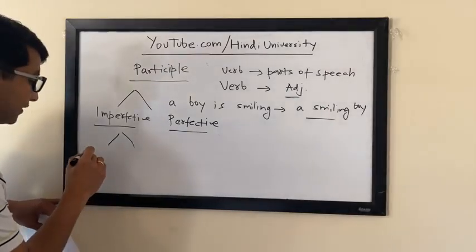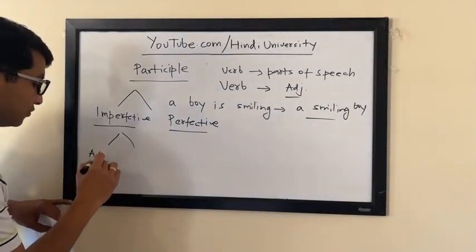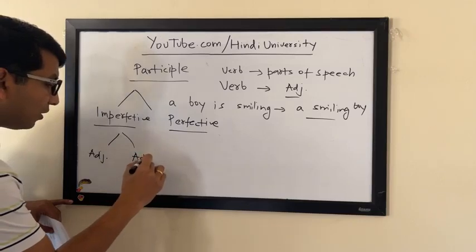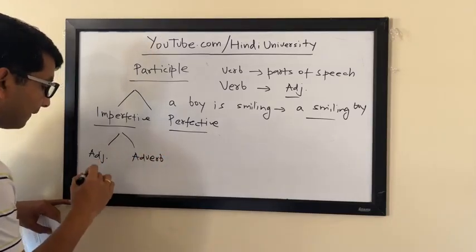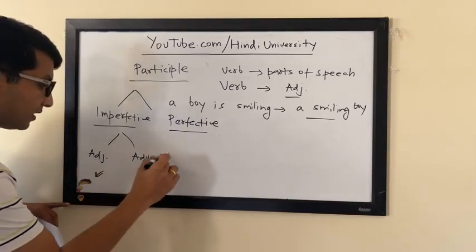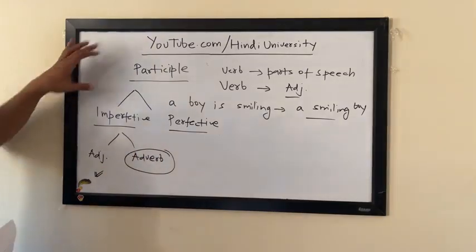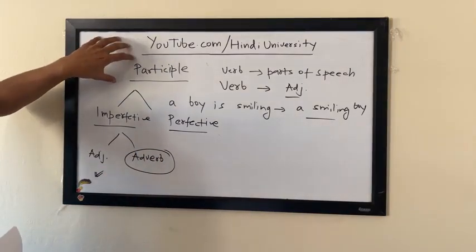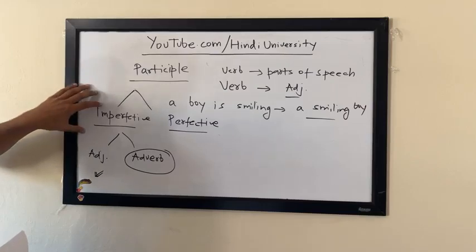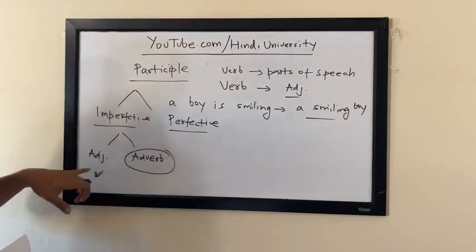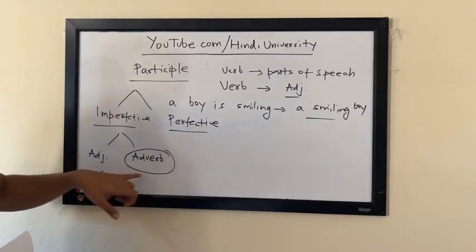Imperfective can again be split: it can be used as an adjective or an adverb. We spent time on this one, and today we'll cover this one. So this is a little bit of a tree for the Hindi participle topic: two types, imperfective and perfective, and within that we use adjective, noun, adverb.